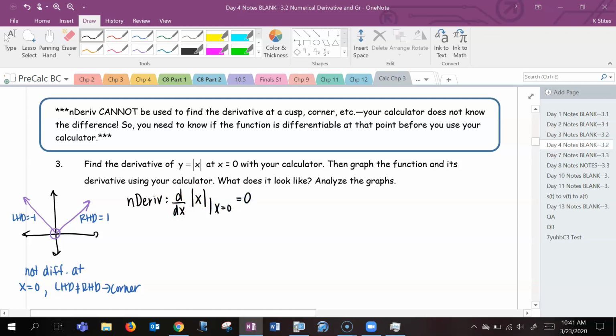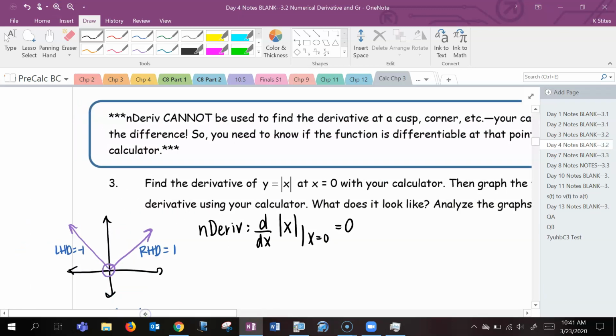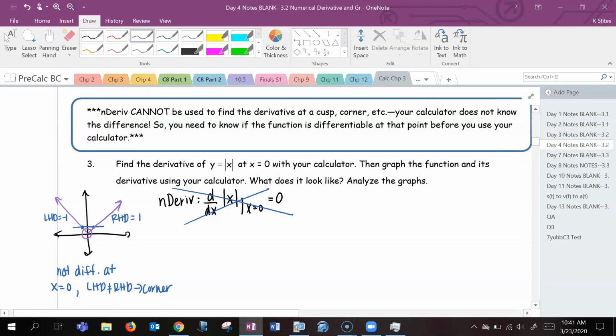So, why did it do that? They're using the symmetric difference quotient. So what they're doing is they're saying, okay, just to the left of 0 is here, just to the right of 0 is here, and they're taking the slope of that. So that's a horizontal line, so they're saying the slope is 0. Okay, but it's not. So you need to know that there's a corner there and that the derivative does not exist.